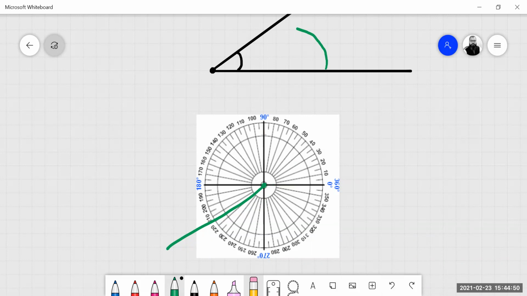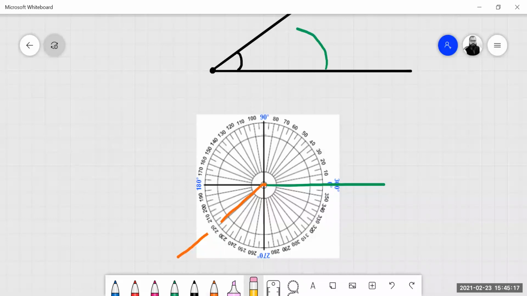So what will be the angle here? What is the angle here which I draw? Reflex, yeah. How many degrees? Mister, we cannot see.